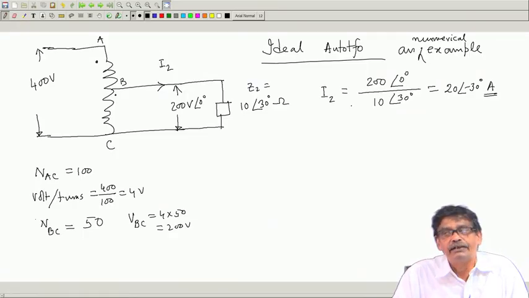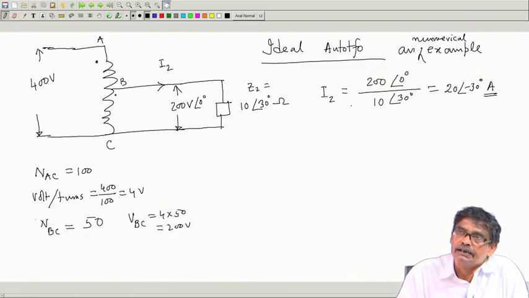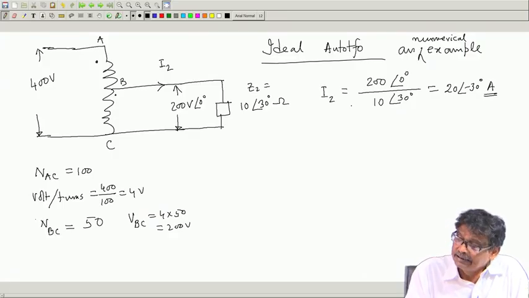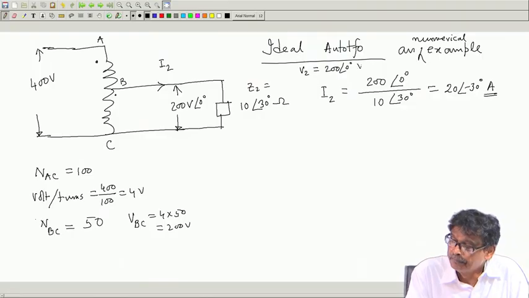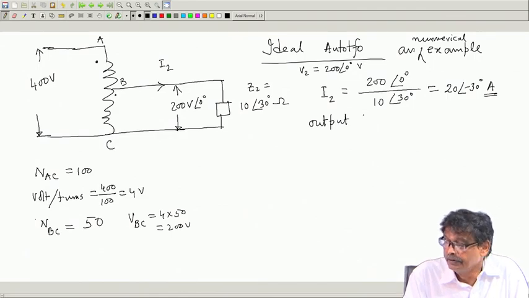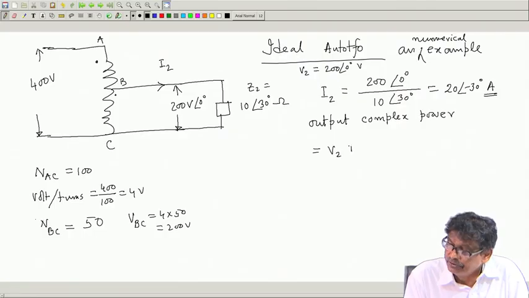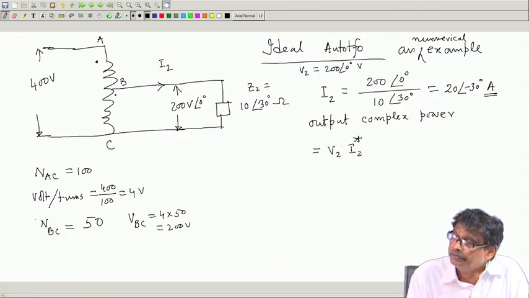Now, I will argue, as I did in case of a 2 winding ideal transformer, that this is I 2, and first I write V 2 is equal to 200 angle 0 degree volt. I 2 is this. Then output complex power is equal to V 2 I 2 star, that is what we will be doing.